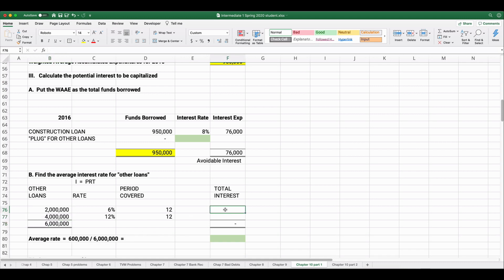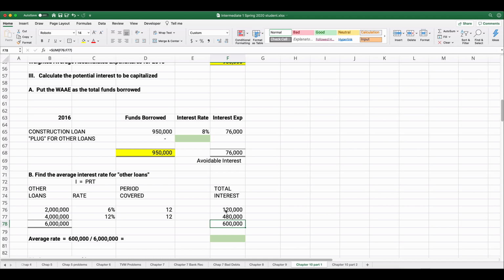If we calculate the interest, then this $2 million times 6%, we don't have to multiply it times 12 over 12 here, is $120,000 of interest. And the $4 million loan times the 12% is going to be $480,000.